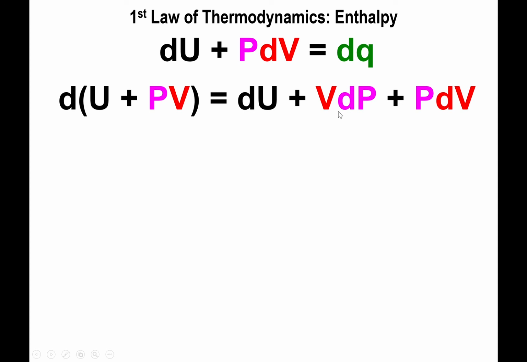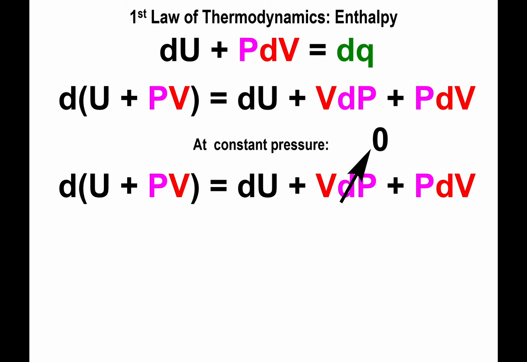Since this depends on the change in pressure, the way you can trick this equation into equaling the first law of thermodynamics is to simply keep the pressure constant. If you do that, then VdP automatically vanishes out of the equation. It becomes zero because if there is no change in pressure, the change in pressure is equal to zero.